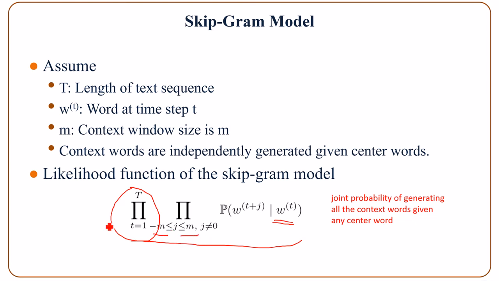And we have the assumption that the context words are independently generated given the central word, so that's why we have the product here. This product goes for M words before and M words after the central word.